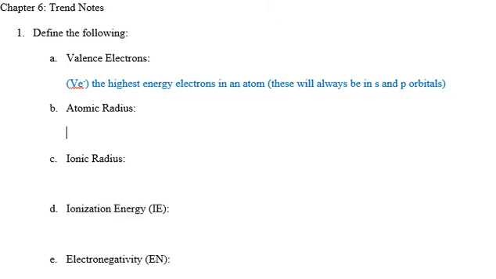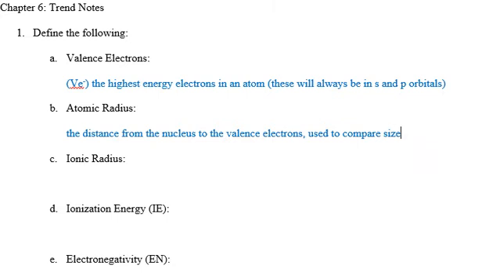So your atomic radius would be the distance from the nucleus to the valence electrons, those outermost electrons in the atom. And atomic radius is used to compare sizes of atoms.